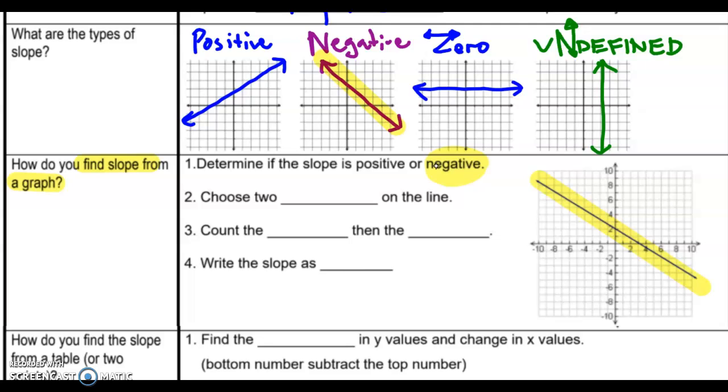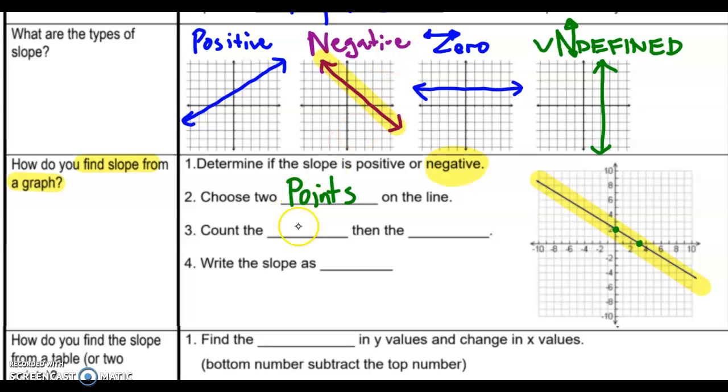Okay. So after that, choose 2 points on the line. So maybe I'll choose, I don't know, this one and this one. Okay.